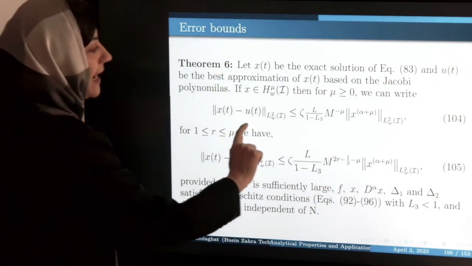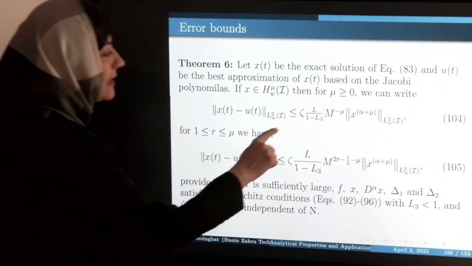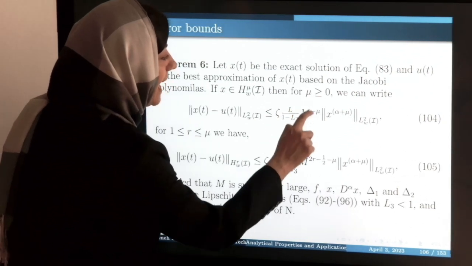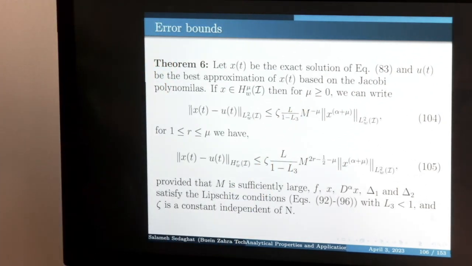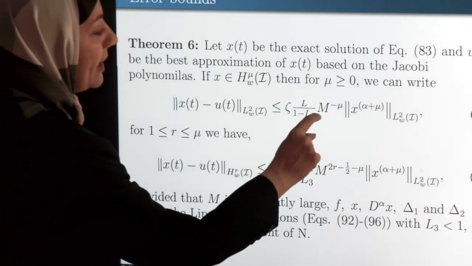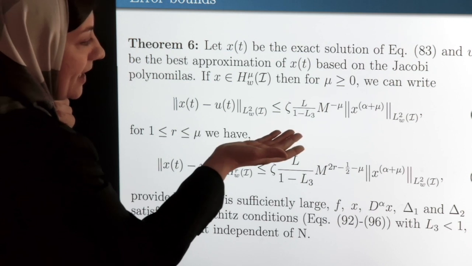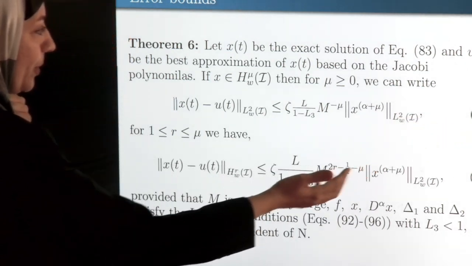In this theorem, we can obtain the error bound, and you can see it is simple and dependent on M. When M increases, the error decreases and goes to 0.